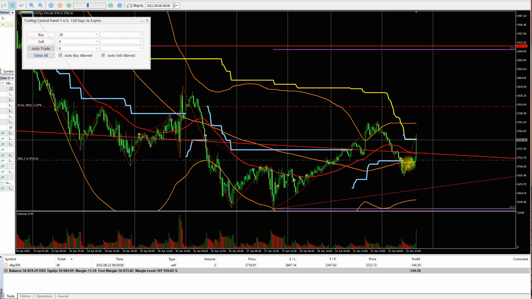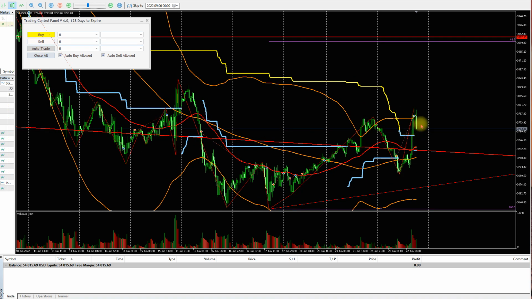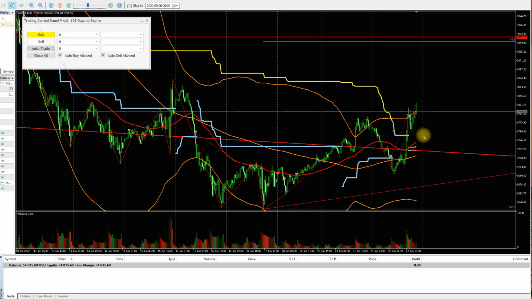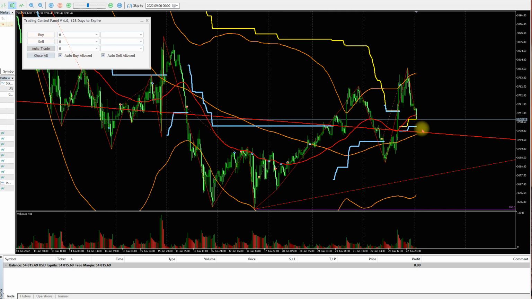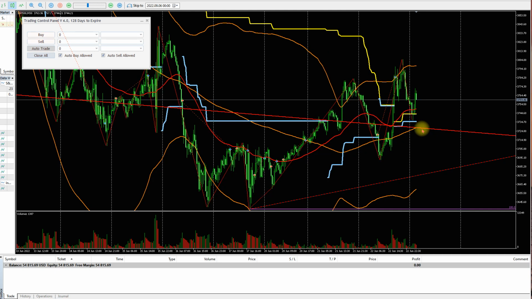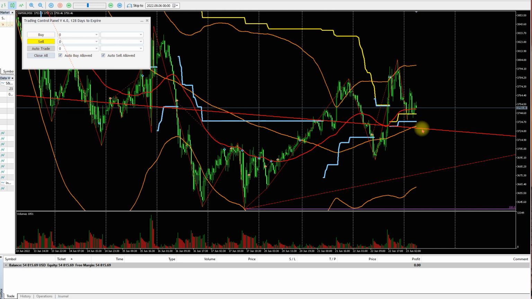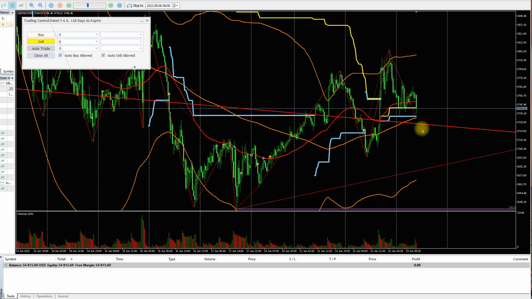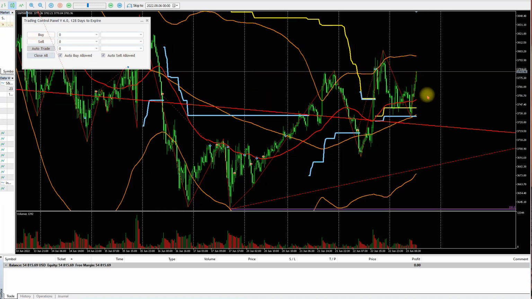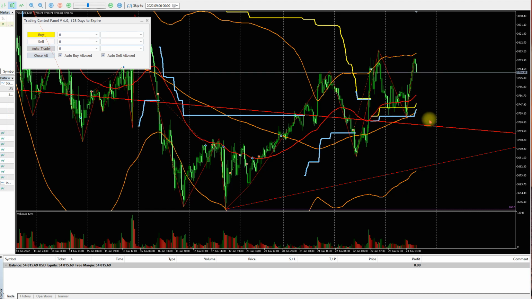So this short, but short unsuccessful, and now it's going to open soon a long. It's also counting fractals, fractal pattern.